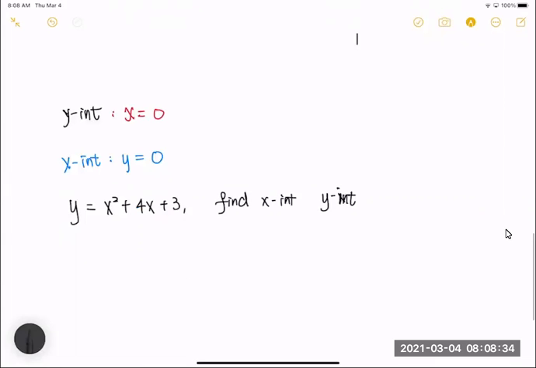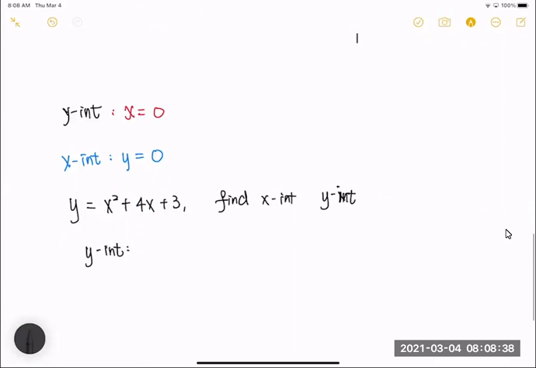So let's do the y-intercept first. You want to substitute x equals 0 into the function. So y equals 0 squared plus 4 times 0 plus 3. y is equal to 3. Remember, the y-intercept is a point, not a line. So you want to write it in point form, which is (0, 3).